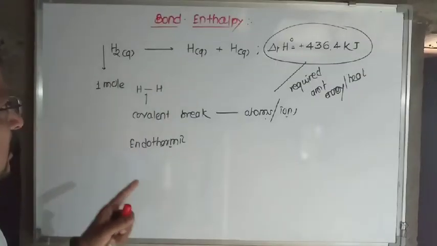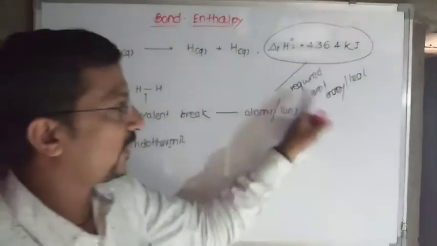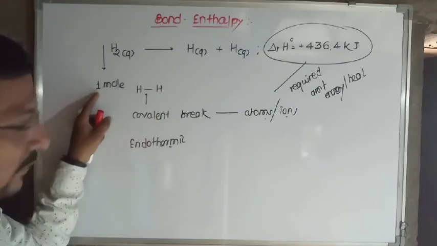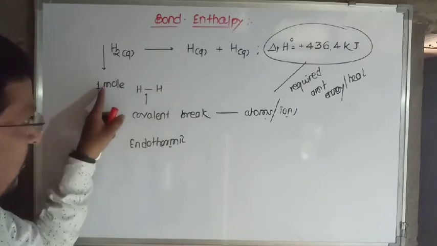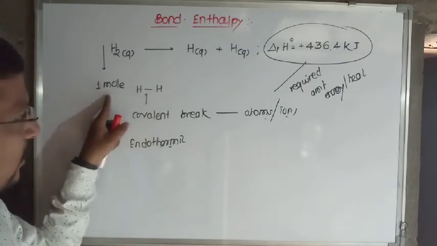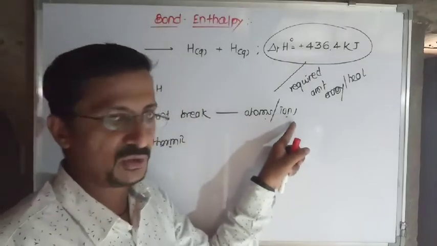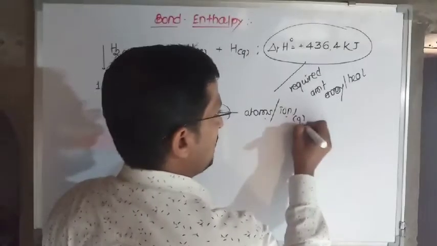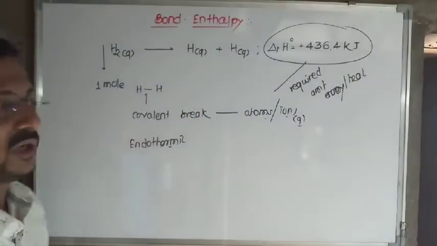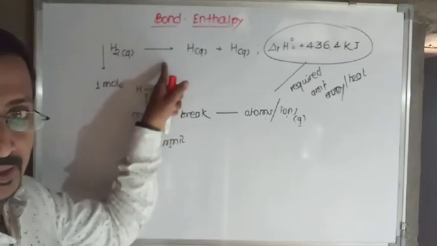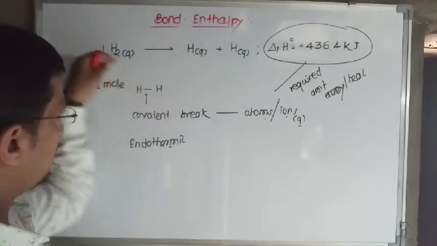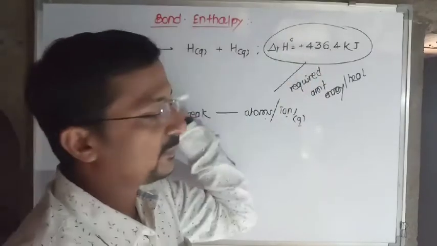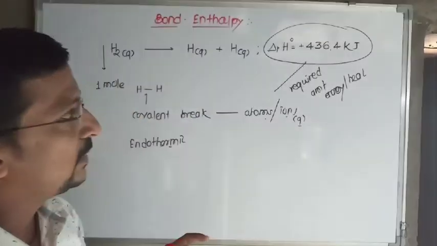Bond enthalpy is the energy or heat required for breaking a particular covalent bond from one mole of gaseous atoms to form the corresponding atoms or ions in the gaseous state. So for this reaction, breaking of the hydrogen covalent bond to form two hydrogen atoms, the bond enthalpy is 436.4 kilojoule.